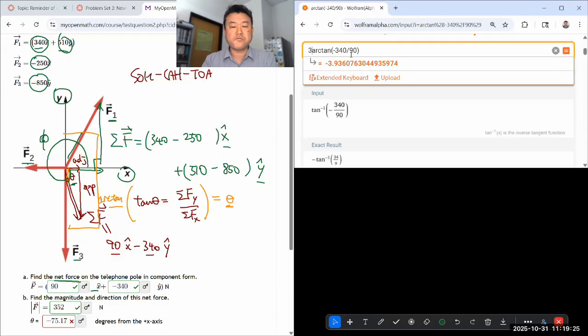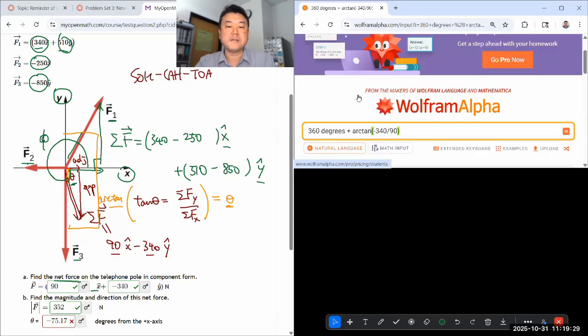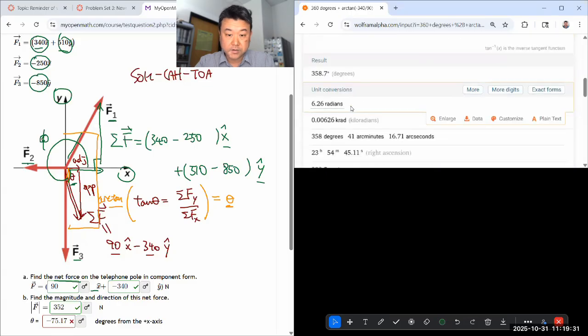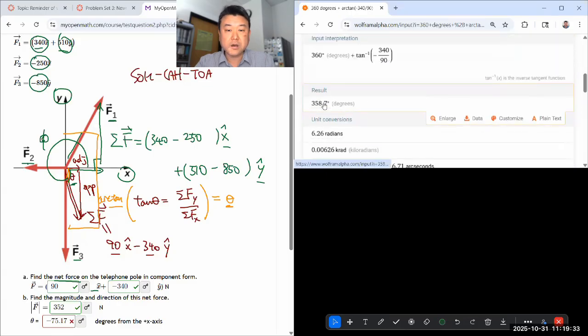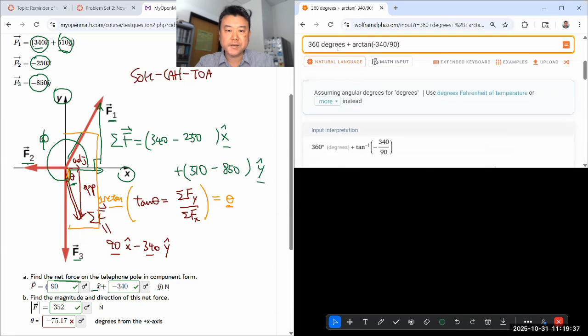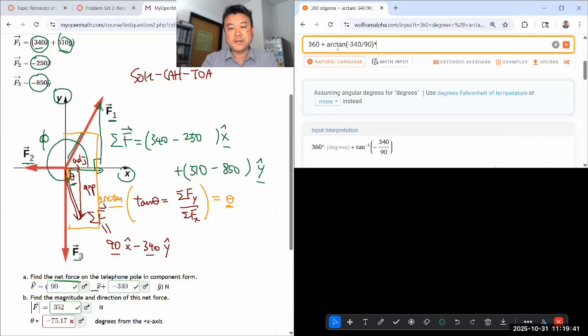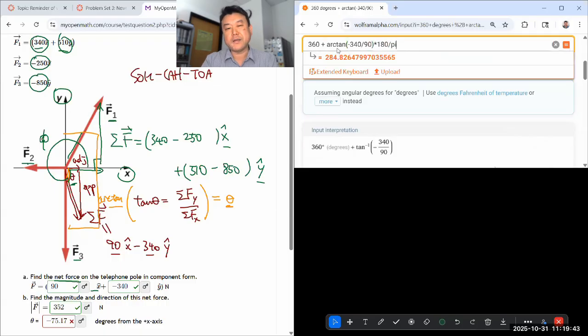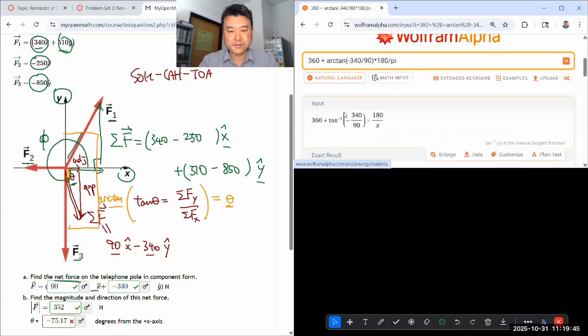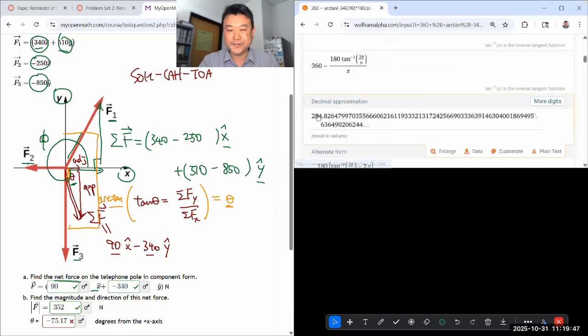So I say 360 degrees plus the arctangent. Let me do it this way. It's not doing the conversion the way I want it to, so I'll do that times 180 divided by pi, to do the conversion the way I want. 284.8, so let me round it to 285. So that should be the correct answer.